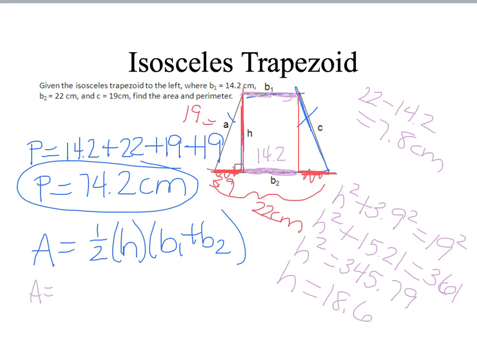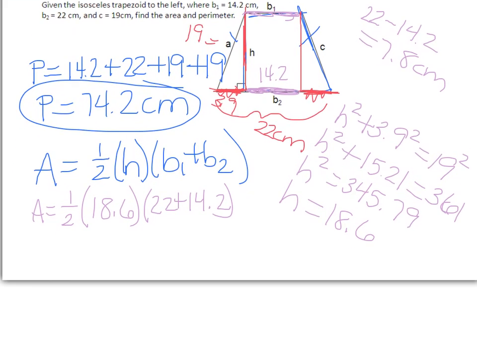And now substitute in. Area equals 1/2 times 18.6 times 22 plus 14.2. Area equals 1/2 times 18.6 times 36.2.